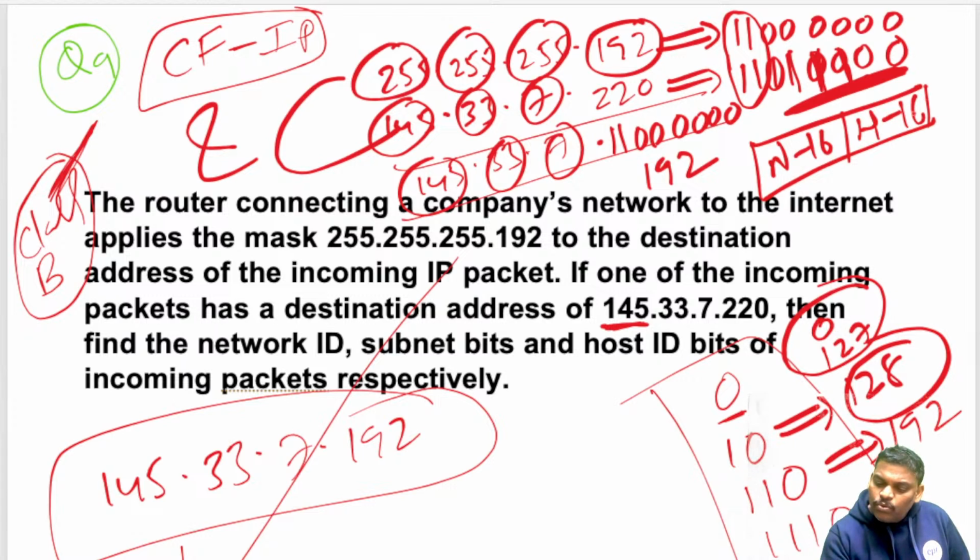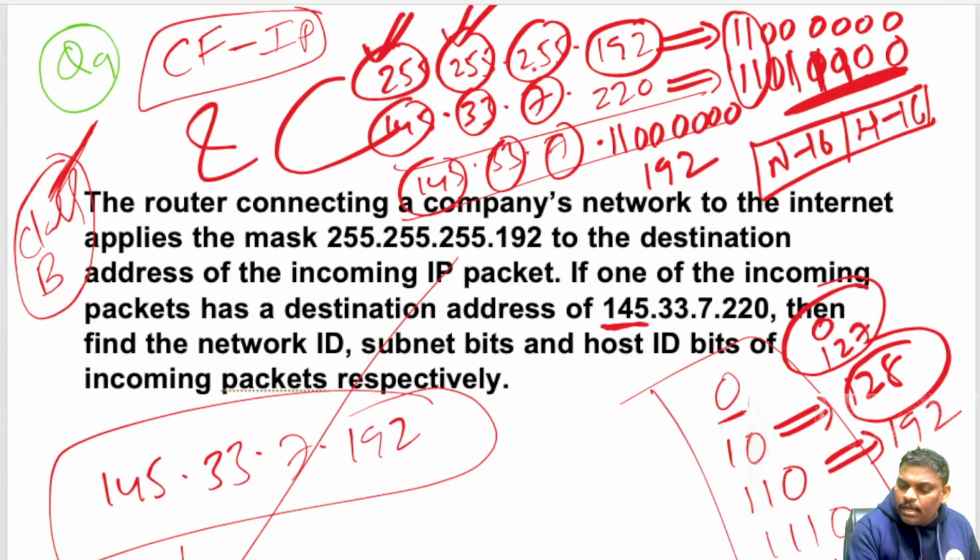Network part 16, host part 16 means, if you observe clearly, these two octets are okay, in the mask area.